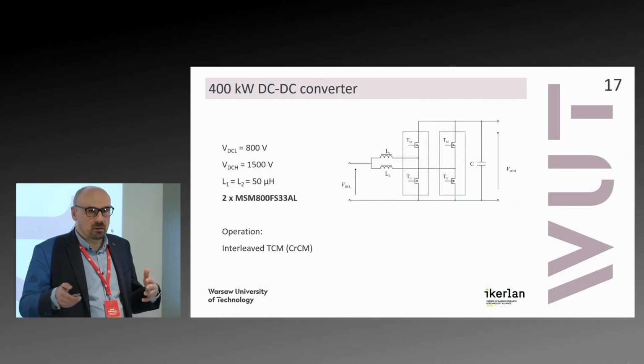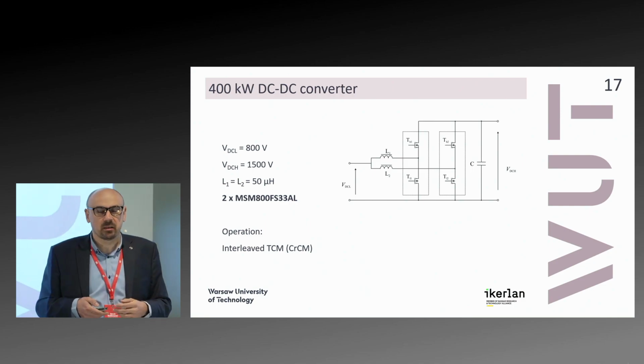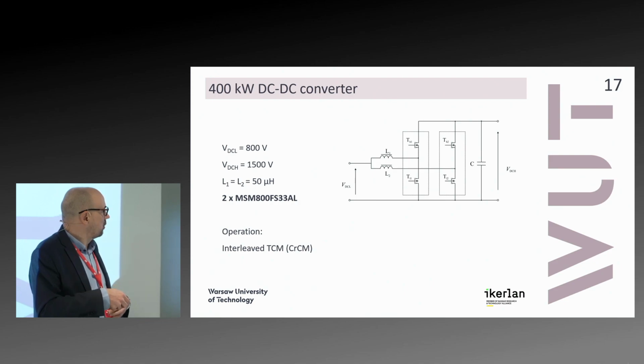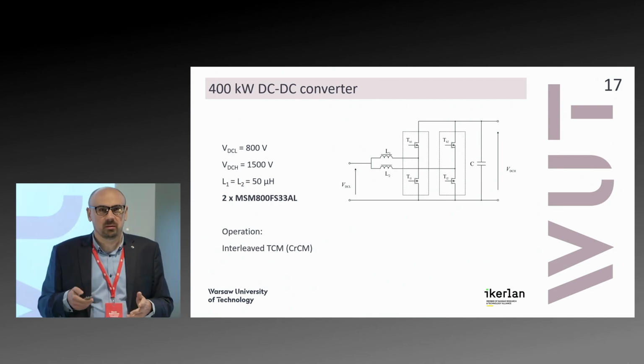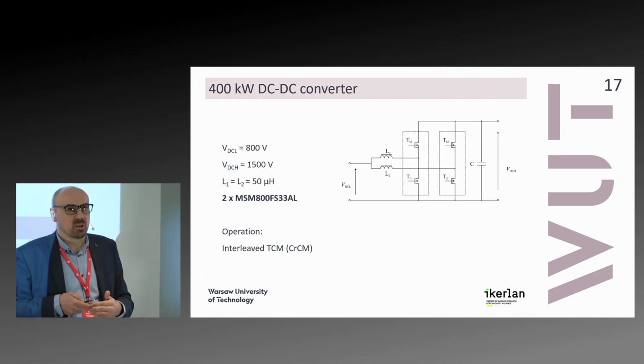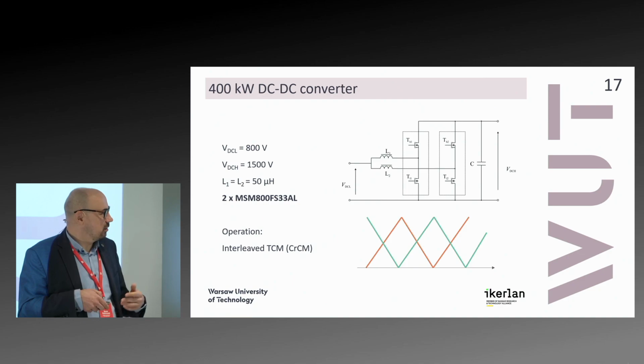As I said, you can run this system in this triangular current mode, using two modules and only 50 microhenry of inductance, of course rated at high current, because this is like a 400 kilowatt system. Basically, with this control, the input current should be pretty smooth.